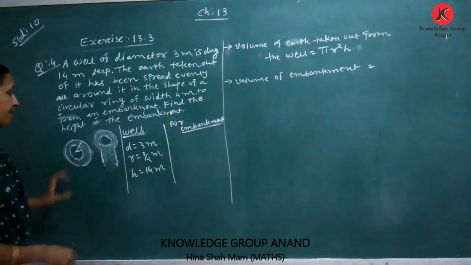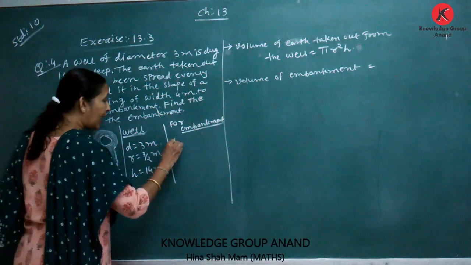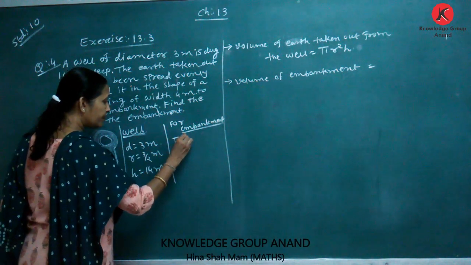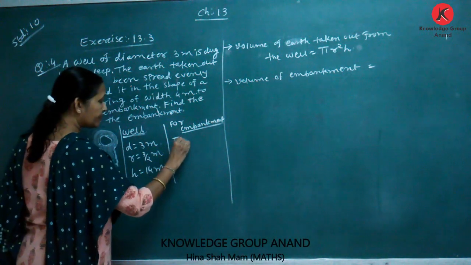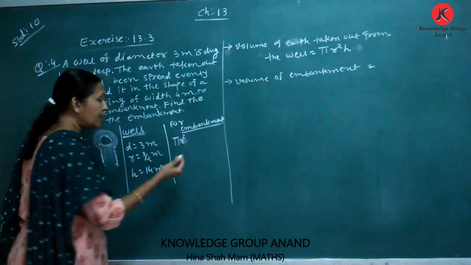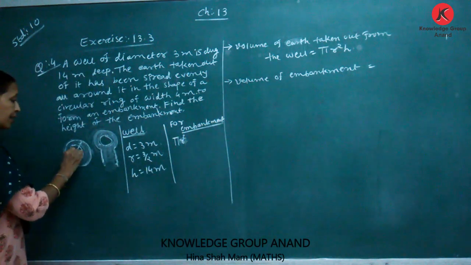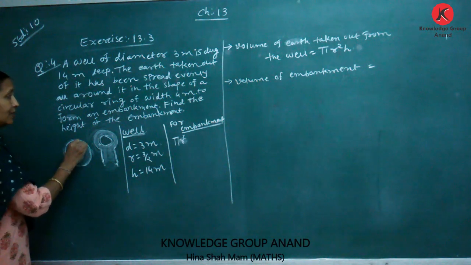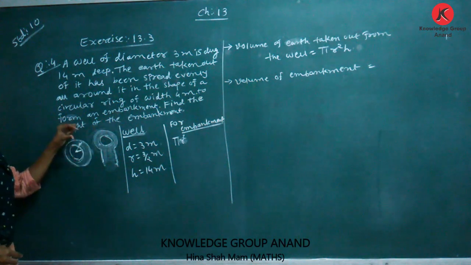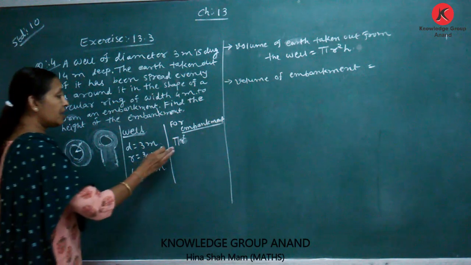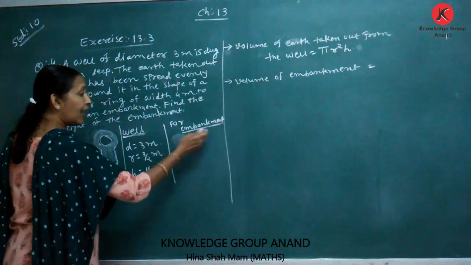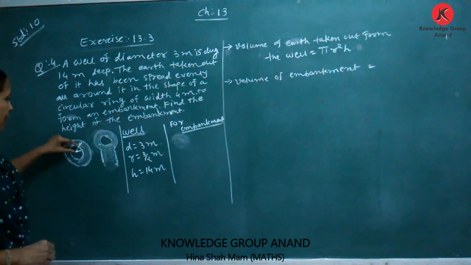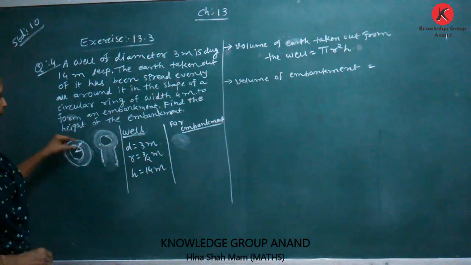Then we use pi r square. The radius is the same here, but in this shape the width is 4 meter. The radius with the well is equal to 4 meter plus 3 by 2 meter.